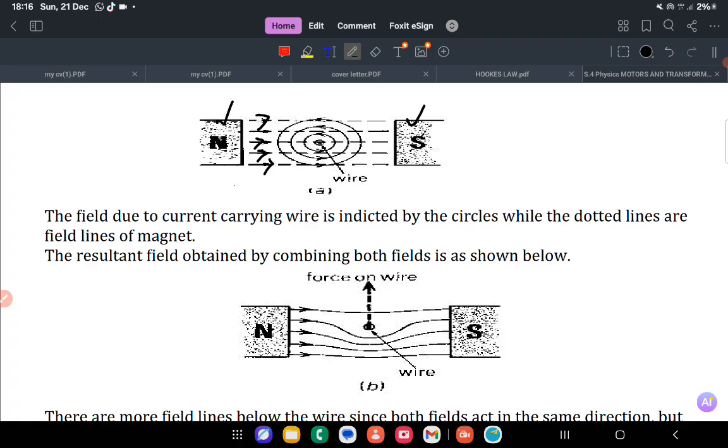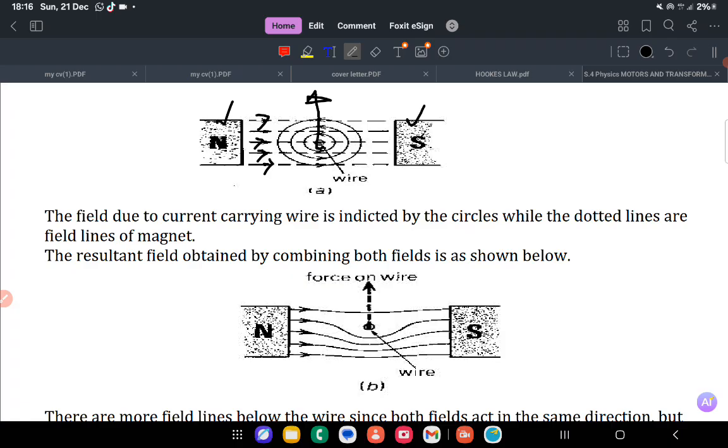So the wire will be seen to move upwards. The field due to the current carrying wire is indicated by the circles, while the dotted lines are the fields of a magnet in this diagram.